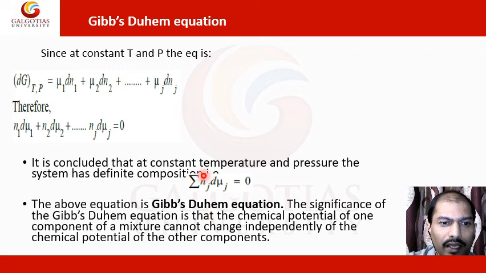So independently they cannot change. This has great relevance to the various properties we have seen, partial molar properties or partial molar quantities. So the Gibbs-Duhem equation is also very important for calculating these properties.